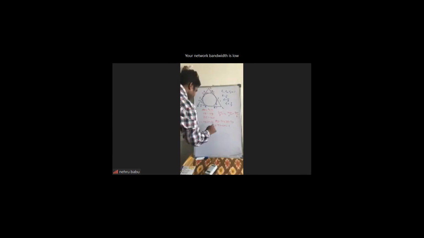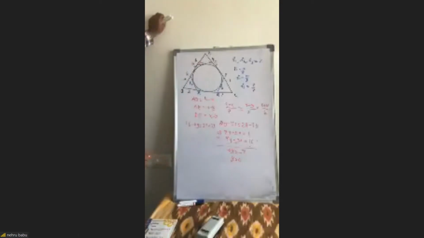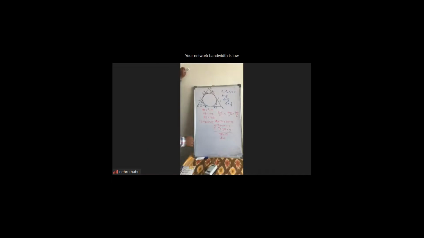So from this, 9y plus 5x equal to 16. If you subtract these two results, minus 2y equal to minus 8. So y equal to 4.